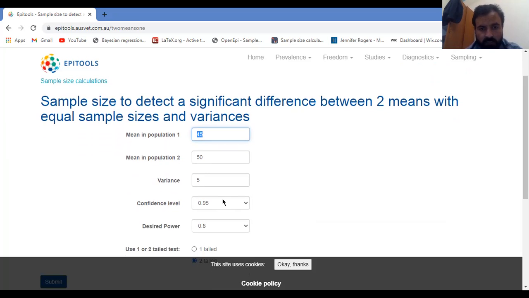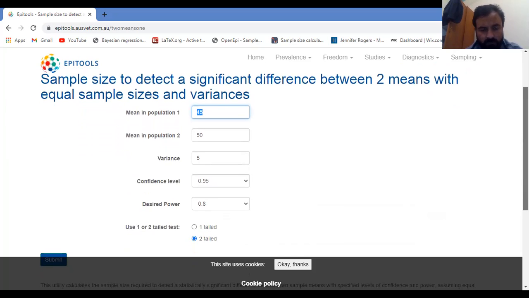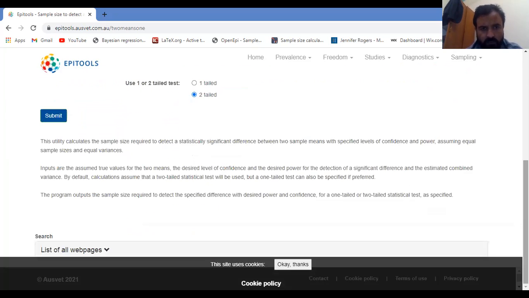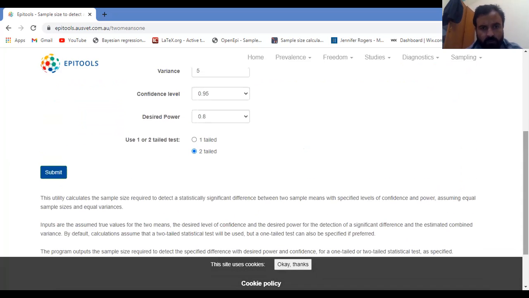And the confidence level is 0.95. Usually we take 0.95 as a 5% error, and the desired power is 80% for usual statistical tests. So we opt for a two-tail test, or we can also opt for a one-tail test, and then submit.